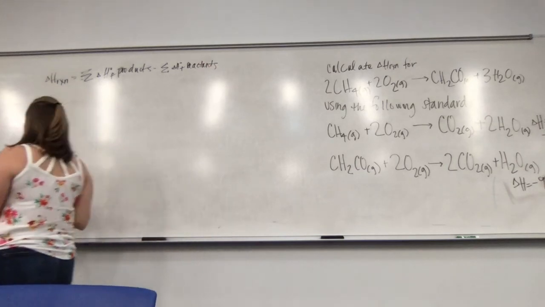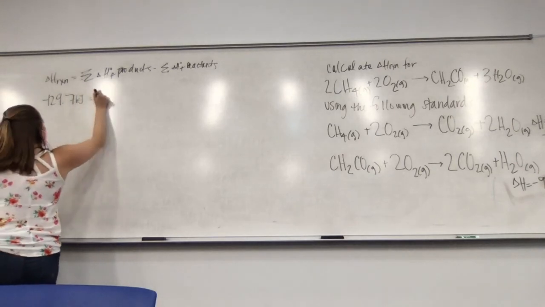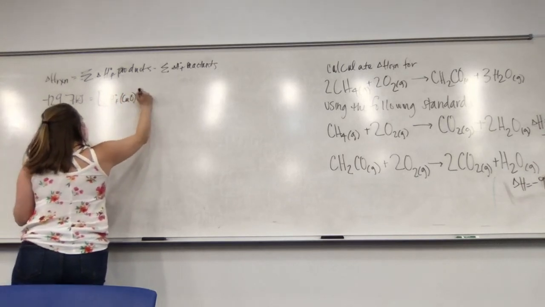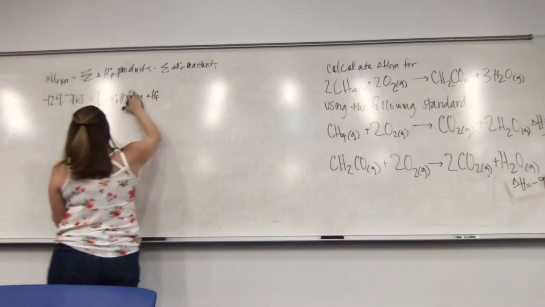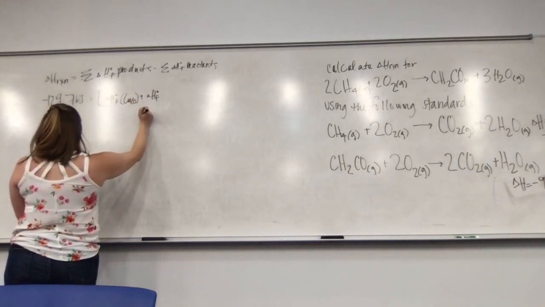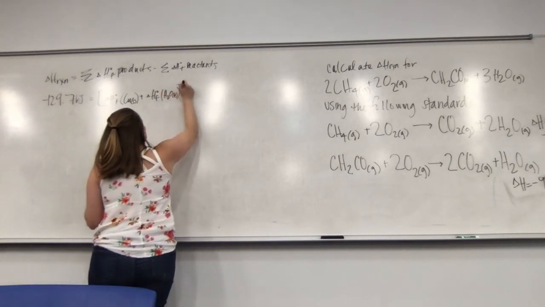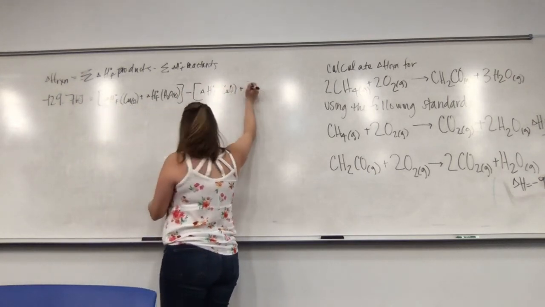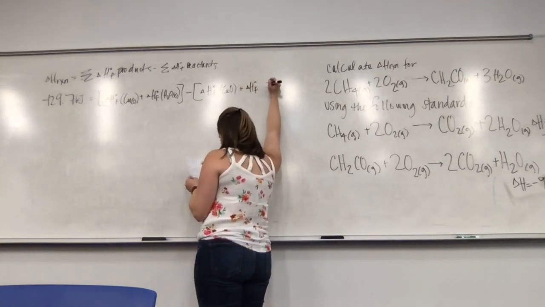In this case, the reaction is negative 129.7 kilojoules, and that equals the delta H naught F for copper oxide plus the delta H naught F for copper solid, plus delta H of H2O liquid, minus delta H naught F of copper oxide plus delta H naught F of H2.